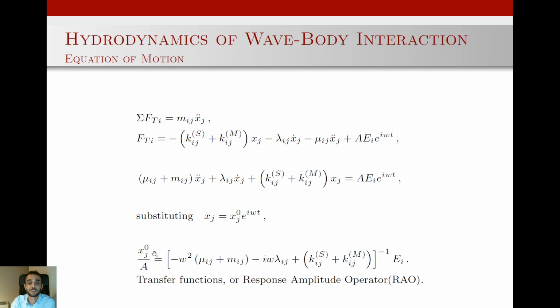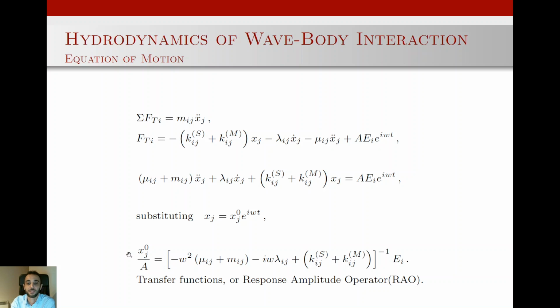which is actually a matrix form of the equation, where the equation is given in the form of a transfer function. So we're writing the equation in terms of the amplitude of the motion, which again has real and imaginary parts, divided by wave amplitude.